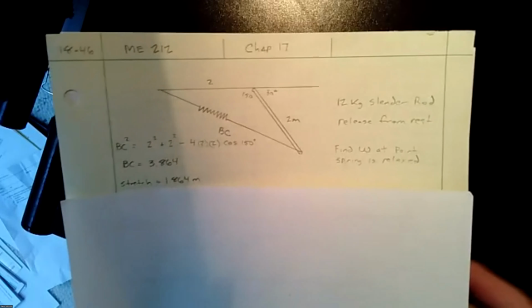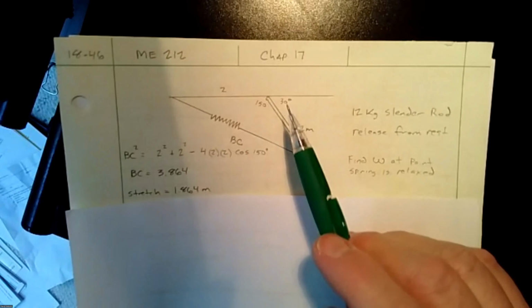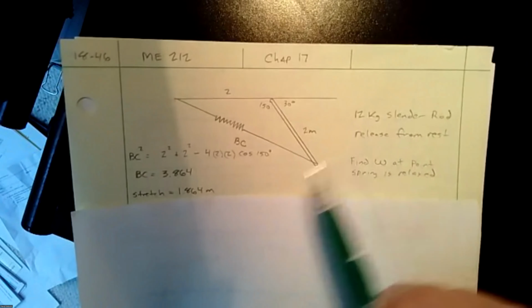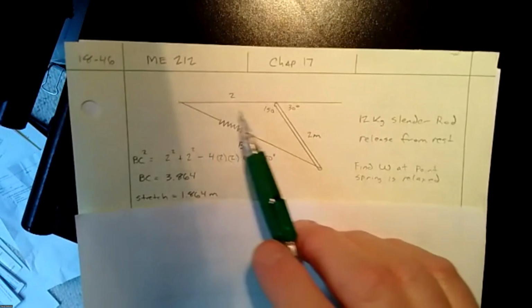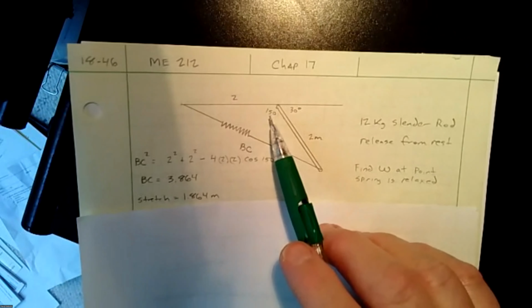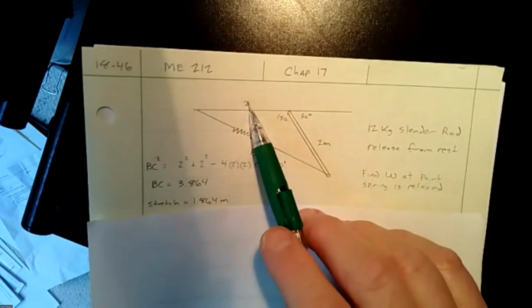So here's what our diagram looks like initially. We have the spring stretched, and we know that that's 30 degrees given. It's 2 meters long, 150 degrees. We know it's 12 kilograms. If that's 150 degrees there, then that's 2 meters, that's 2 meters.